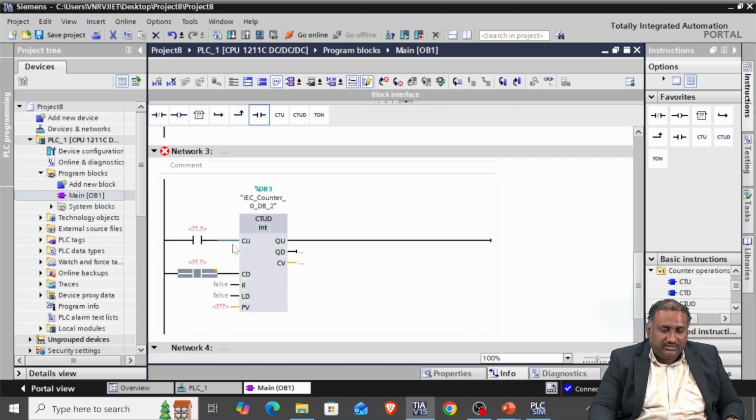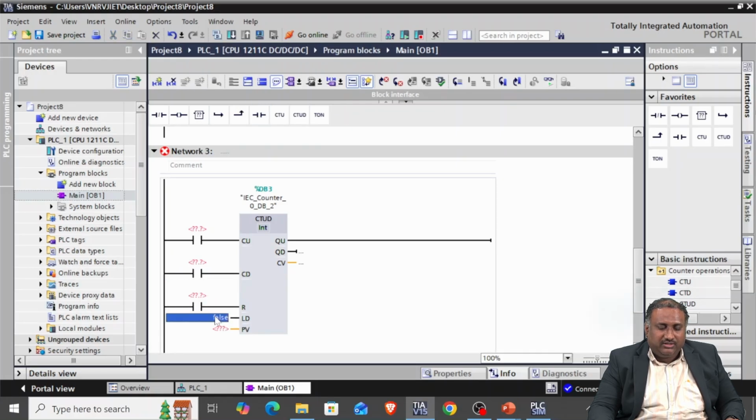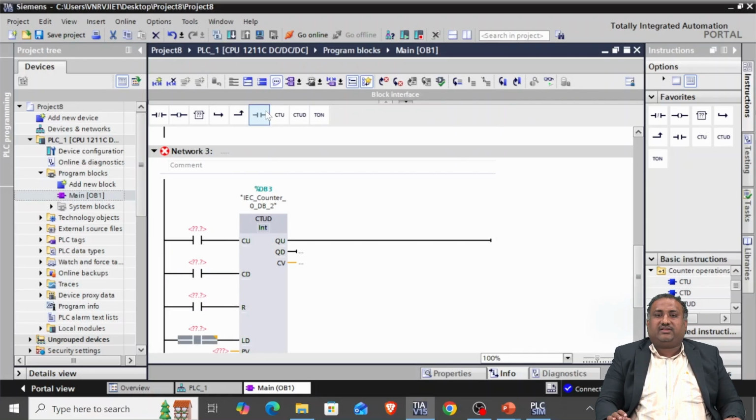Generally we find the applications of the up down counter while counting the number of items that are present on a conveyor belt. Usually, if you take any conveyor belt example, I place one sensor at the input side and one sensor at the output side. And if I want to count the number of items that are present on this conveyor belt, then I can use the up-down counter.